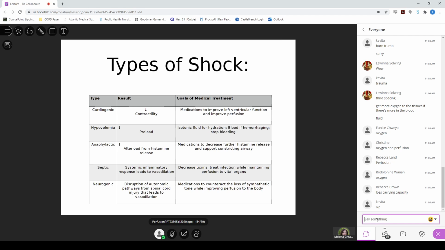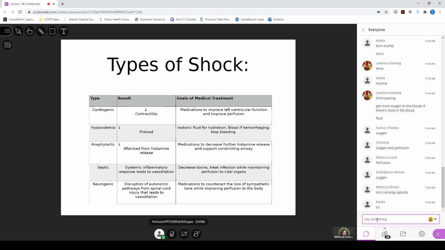Okay. And then cardiogenic shock. So the heart is unable to effectively circulate the volume that the body and the tissue needs. So the heart just can't keep up with the body's demand. This can be caused with injuries like MIs, heart failure, dysrhythmias, which we talked about last week.